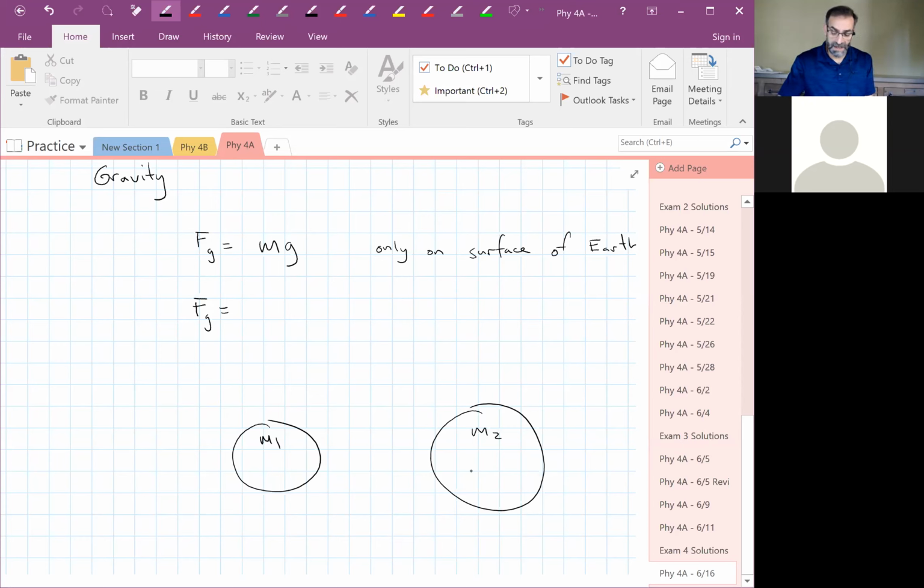It would depend on the masses, right? It would be proportional to M1, and it would be proportional to M2. That means it's proportional to M1 times M2.